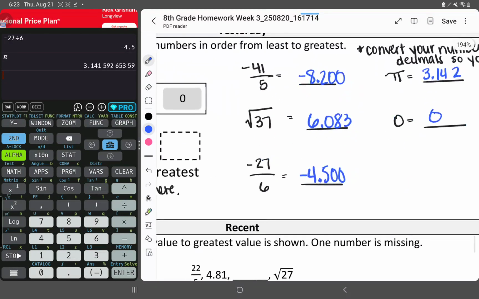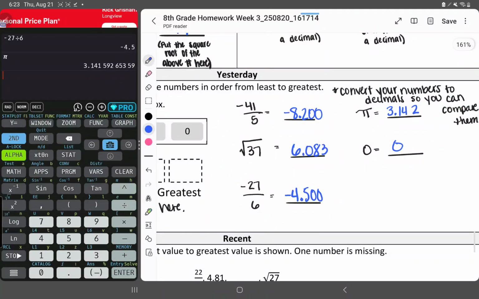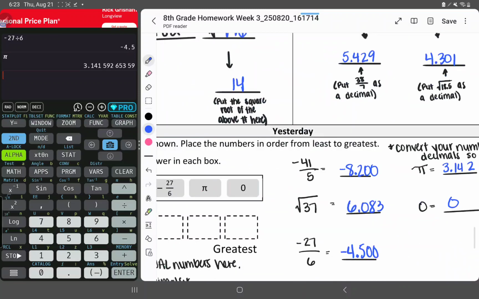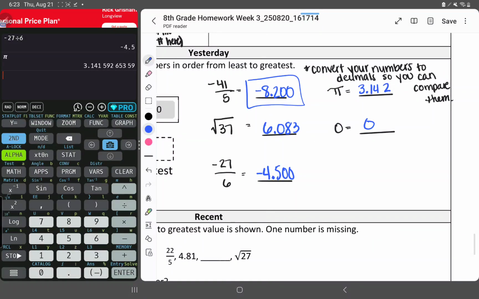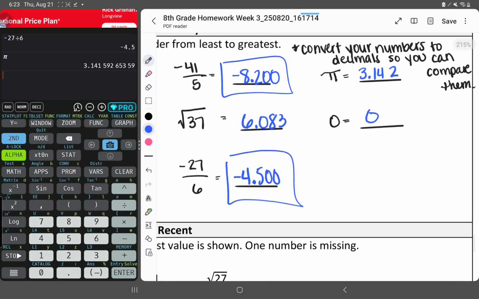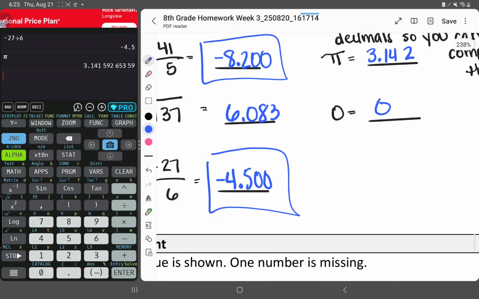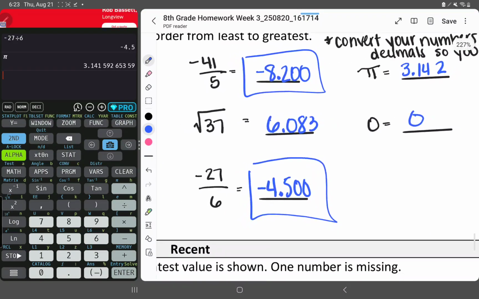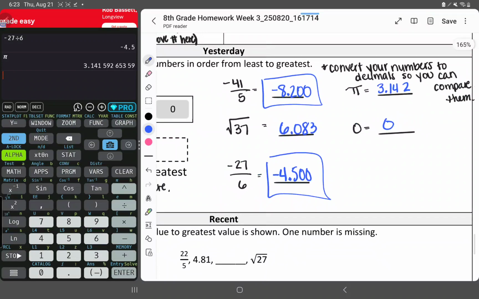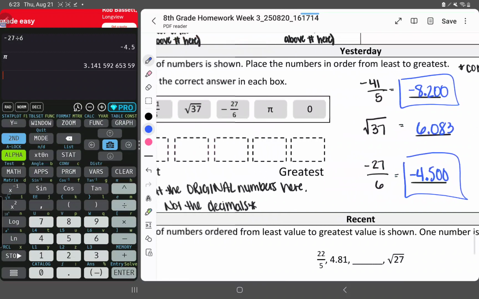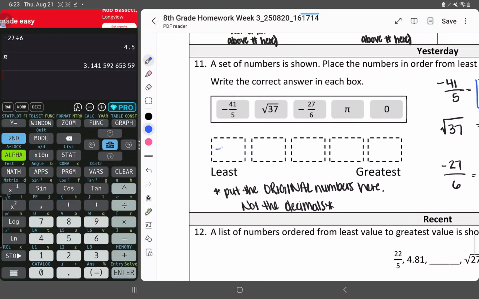Okay, now remember, we have positives and negatives going on here. So which ones are smaller, the positives or the negatives? The negatives are going to be smaller, so we'll focus on those first. So we're looking here and we're looking here. Now remember, the more negative it is, the smaller it is. So which one out of those two is smaller? That would be the negative 8.2, because that is more negative than negative 4.5. So we're going to put negative 41 over 5 here in the least category.